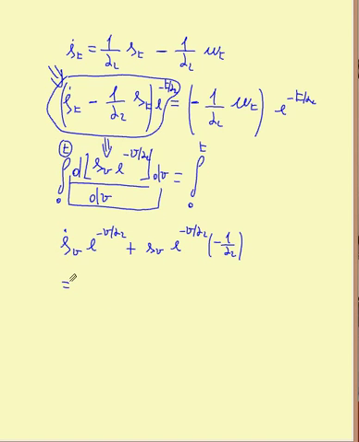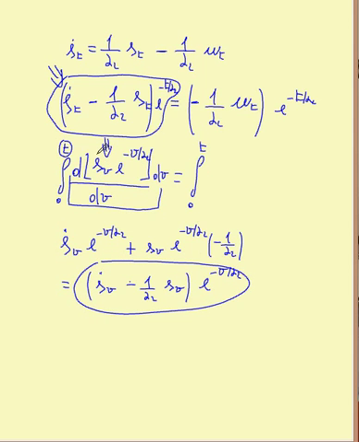This is equal to, collecting e to the power of minus v over alpha 2, s dot v minus 1 over alpha 2 sv, which multiplies e to the power of minus v over alpha 2. So this is equal to this derivative. Now it's clear. This is quite clear. You can check the video at home.